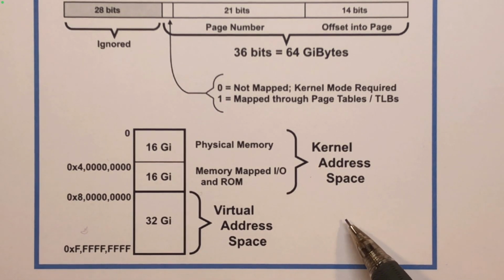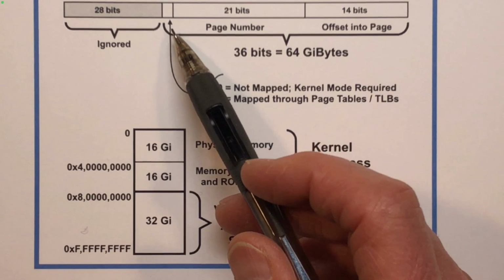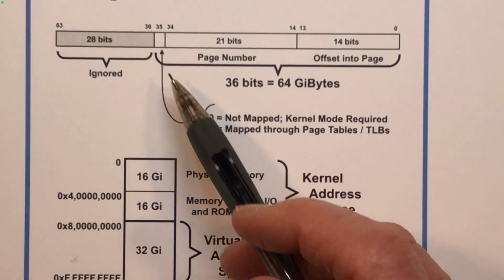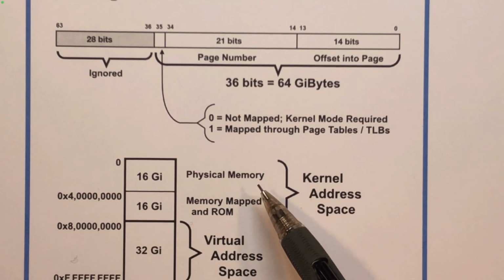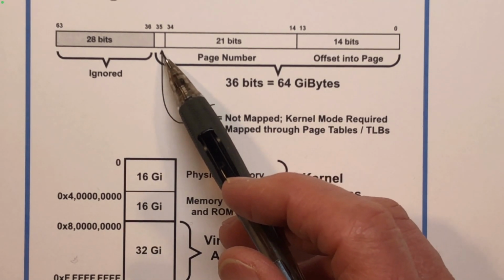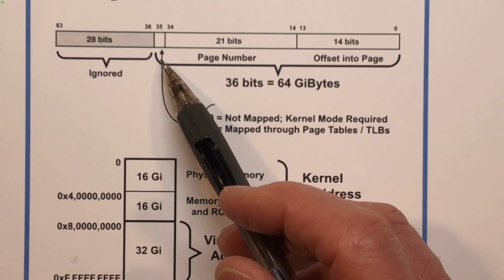If it's running in user mode, then it's a user program executing, and only virtual addresses are allowed. So any address with this bit set to 0 is invalid when executing in user mode, and an attempt to use such an address will cause an exception, and presumably the kernel will abort the user program.